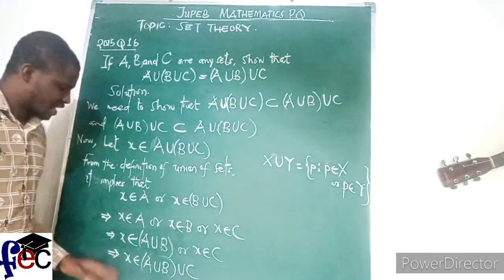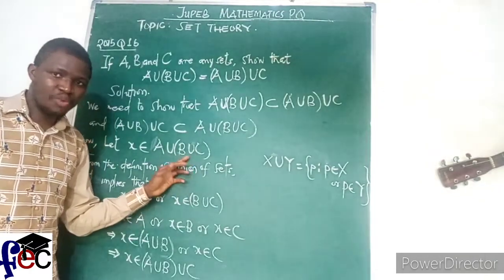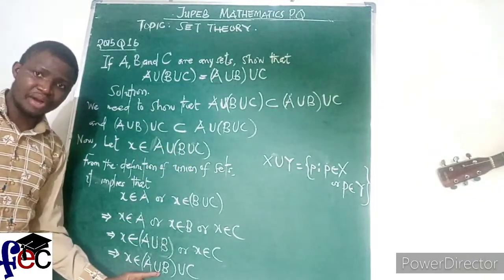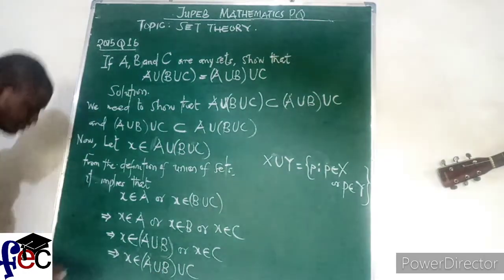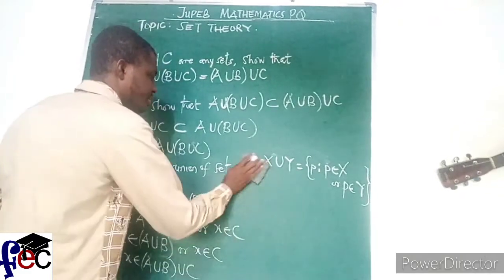So if X is a member of this, and we eventually found out that X became a member of this, what can we infer? Excuse me.